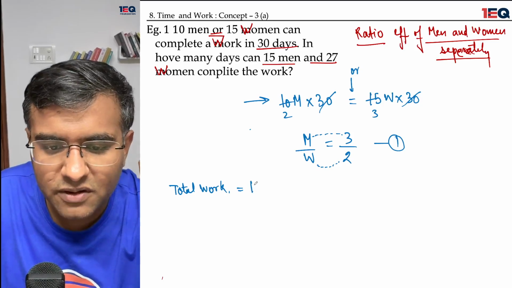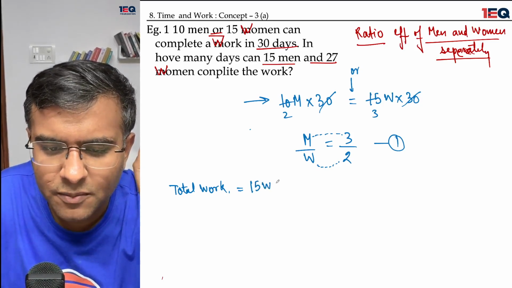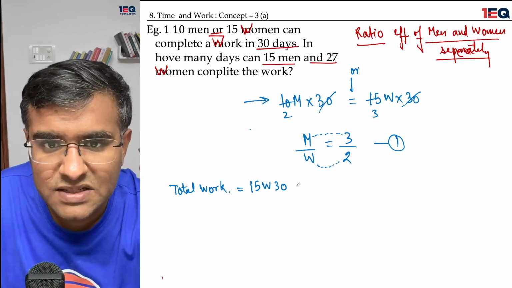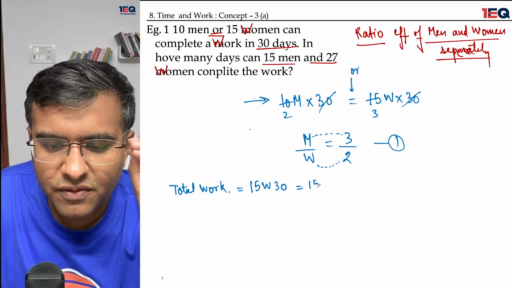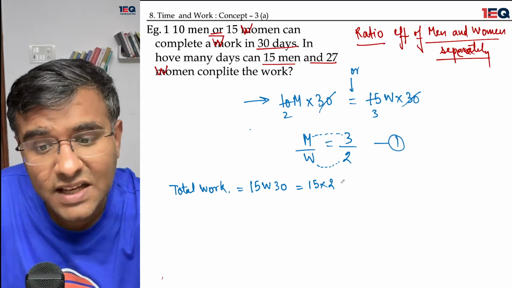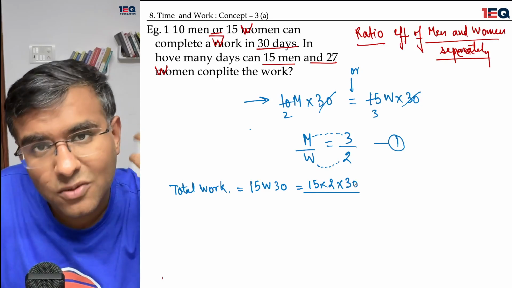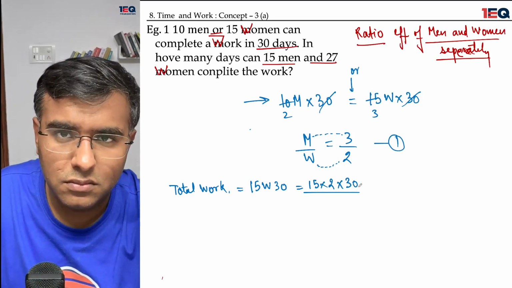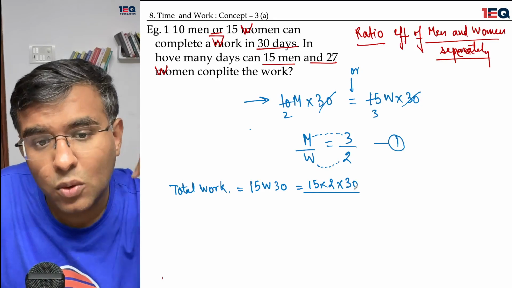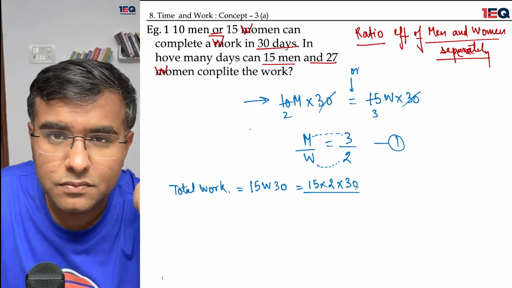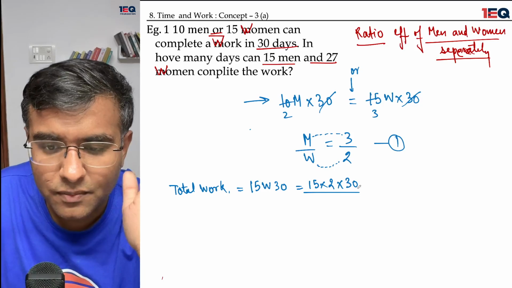Let me take the work of women, 15 women, 30. This is the work which is done by women. So 15 multiplied by 2, which is the efficiency of women, multiplied by 30. This becomes the total work being done. I hope this is very clear.